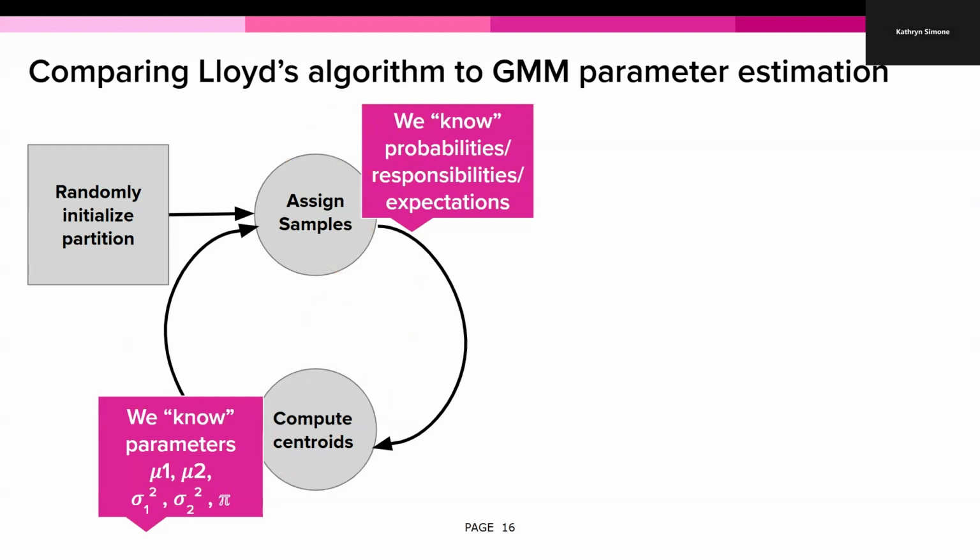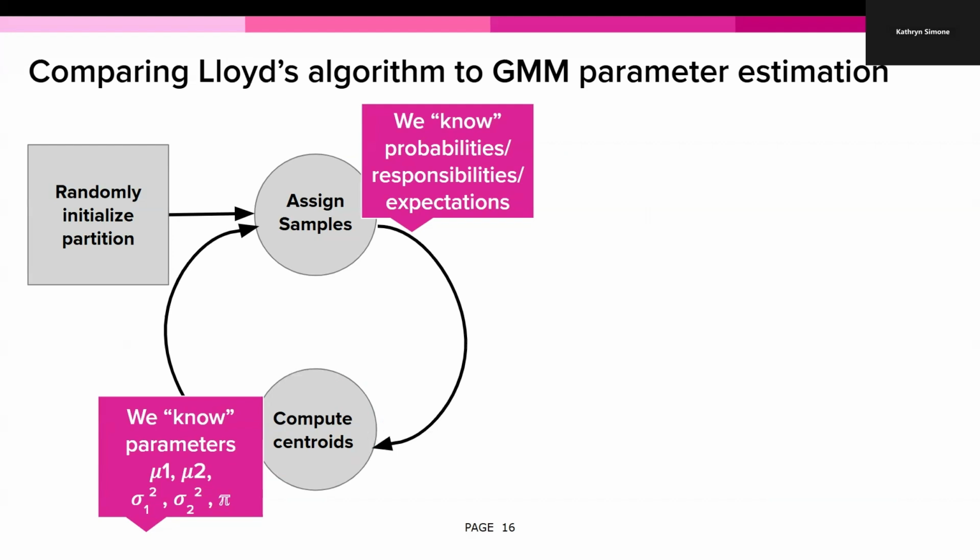So each point was assigned definitively to one cluster or another. But in the case of a Gaussian mixture model, the best we can do, given knowledge of the parameters, is to compute the probabilities of each point belonging to a particular mode. These probabilities represent the responsibility of each mode for generating a given data point.